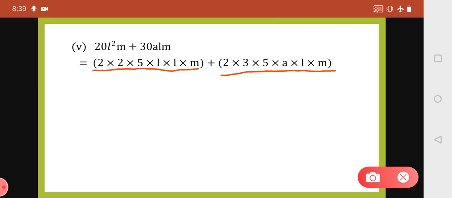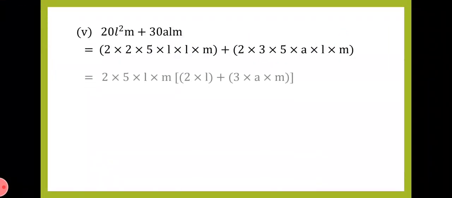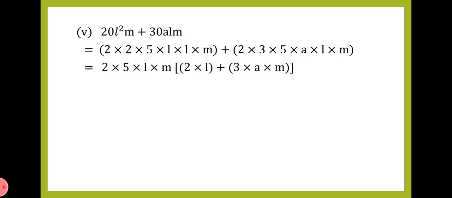Now from this, finding out the same factors, that is here 2, 5, 1 time L and 1 time M. So now taking out the same factors outside, we will get 2 into 5 into L into M, and remaining, that is 2 into L plus 3 into A into M, equal to 10LM into 2L plus 3AM.